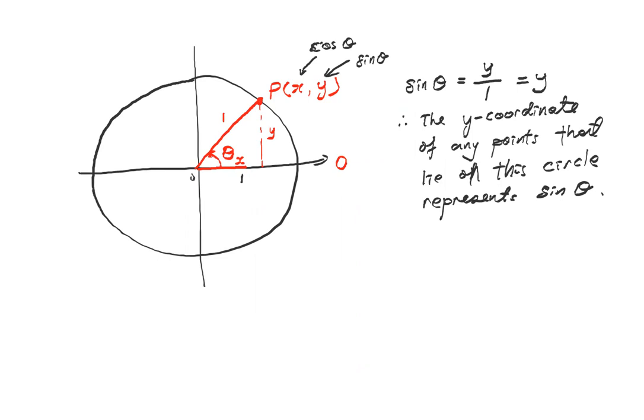So if you look at the coordinates of this point, how do you read them? 1, 0. So therefore, we have cos 0 equal to 1, sin 0 equal to 0.